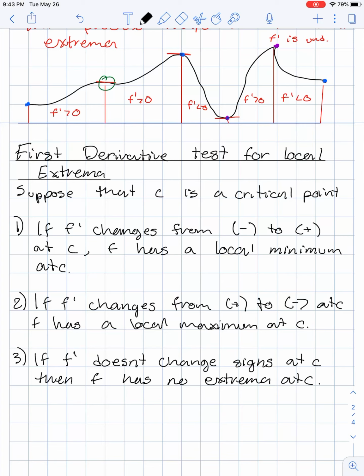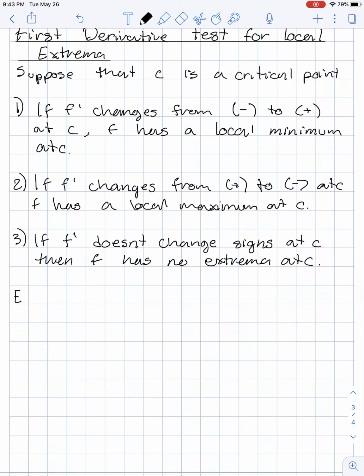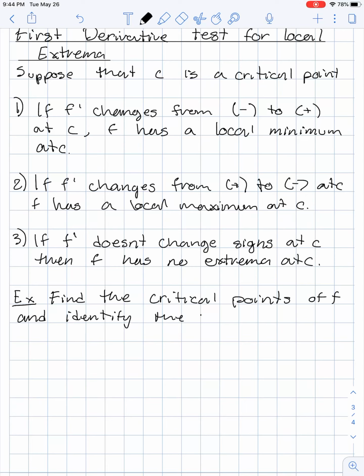All right, so let's do another problem now knowing about the first derivative test. We are going to find the critical points of f and identify the intervals it's increasing and decreasing.